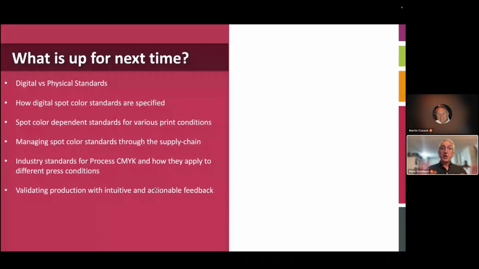There is a danger anywhere you just do density, but in Europe they use status E typically, and in North America it's status T. Now that's just a setting within your instrument to determine how it's going to report back the values, the scale it's used, and so on. And that impacts mostly yellow, in fact.